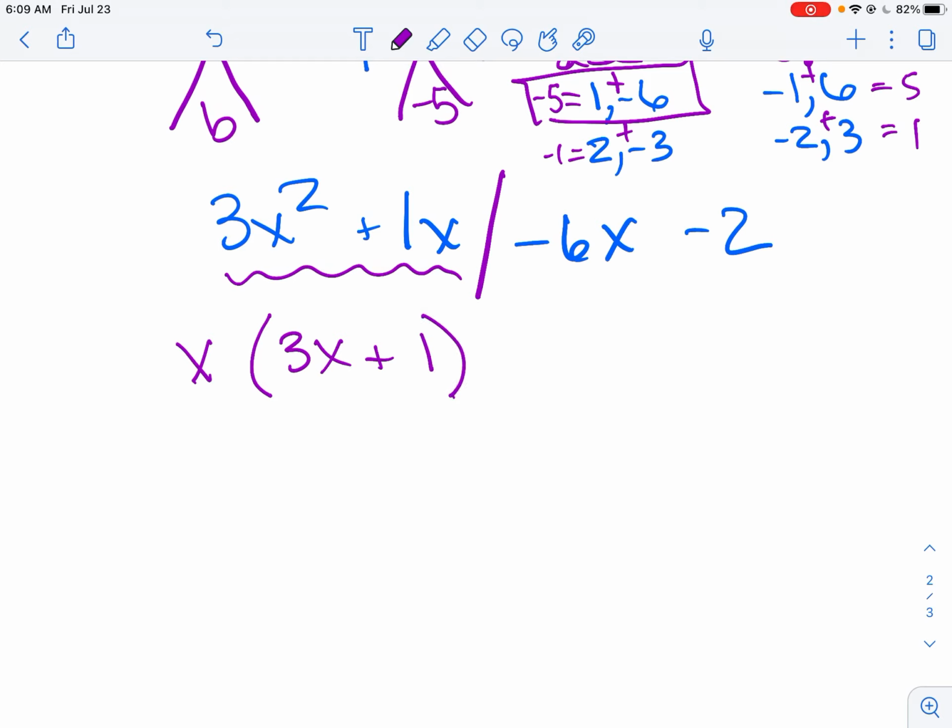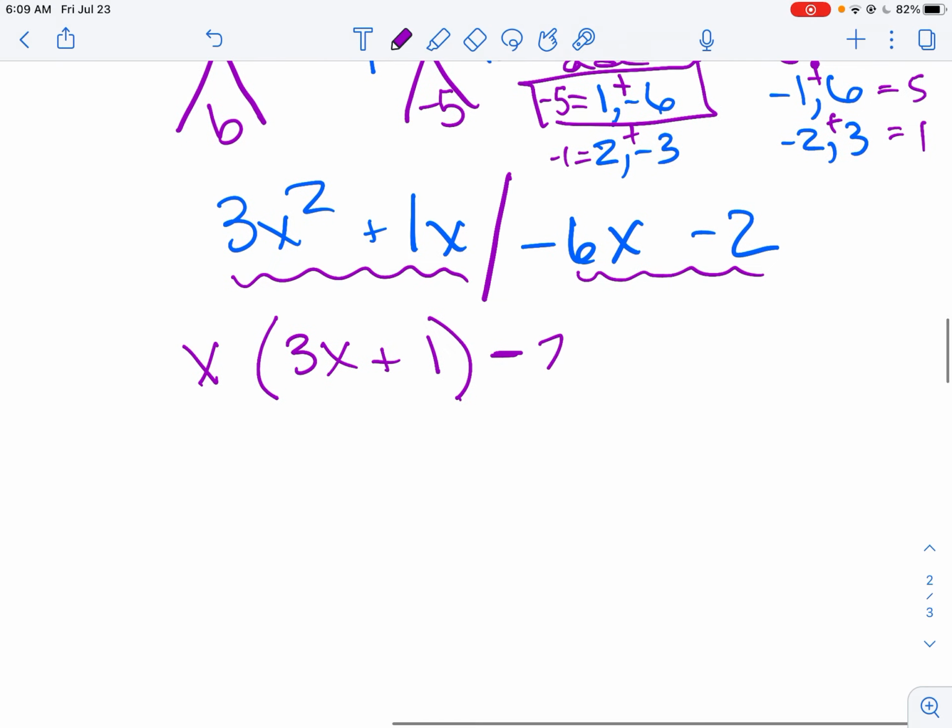Then I look at the second one. That first thing is a negative sign, so I'm taking out a negative. Then I look at this. What do they have in common? They both get a 2. But we're factoring out a -2. So -6x divided by -2 is going to get me a +3x.